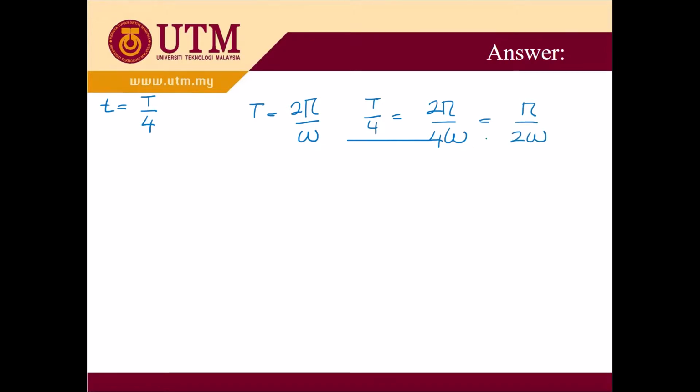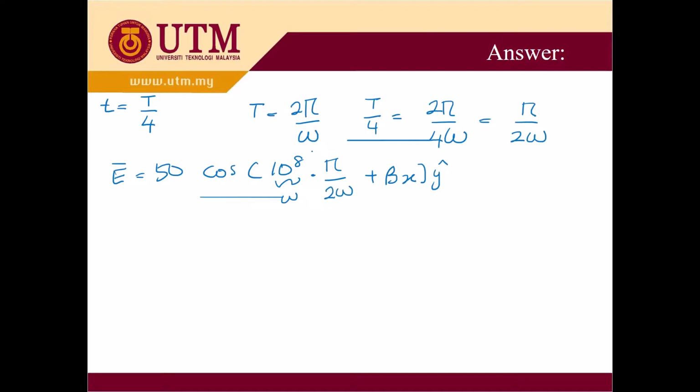So we have to put this value into our original equation. E is equal to 50 cos of 10^8, which is basically the omega, multiplied by π over 2ω, and then plus βx in the direction of y.